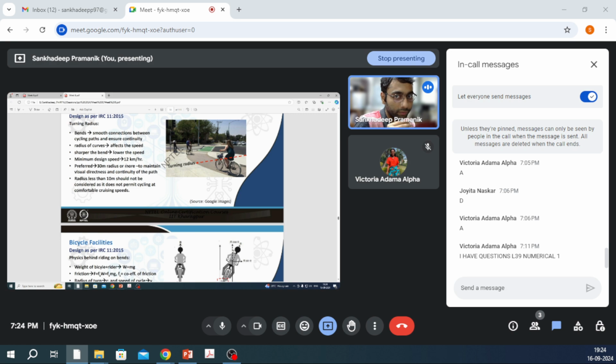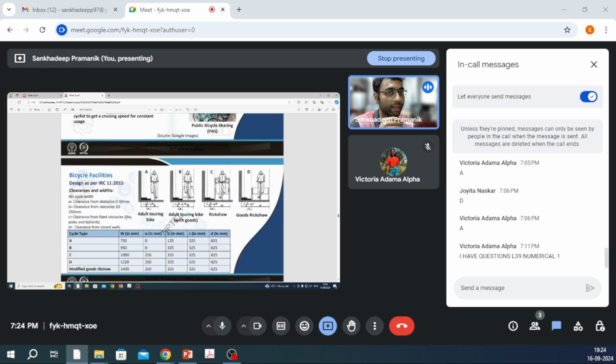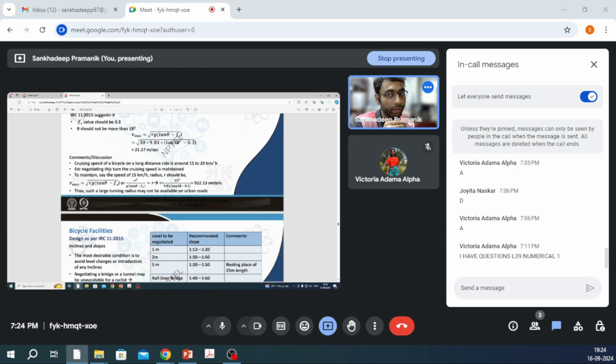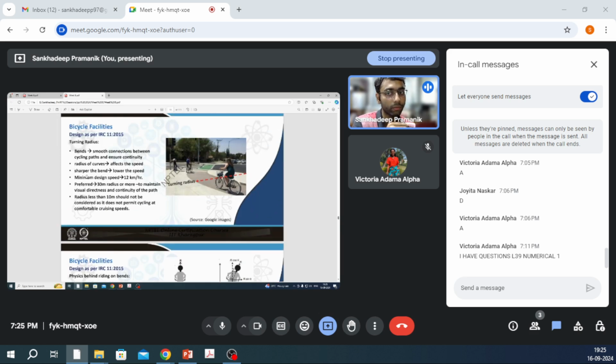Although we have a provision of design speed from 5 to 15 kilometers per hour, if we design a curve for a 5 kilometer per hour design speed, then the vehicles going at a higher speed, maybe long distance bicycles going 15 or 20 kilometers per hour, may find it difficult. So in no case, for the curve section, should the minimum design speed be below 12 kilometers per hour.